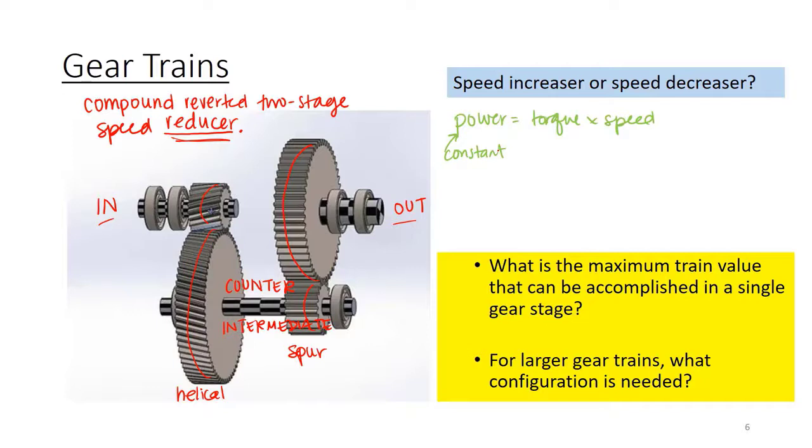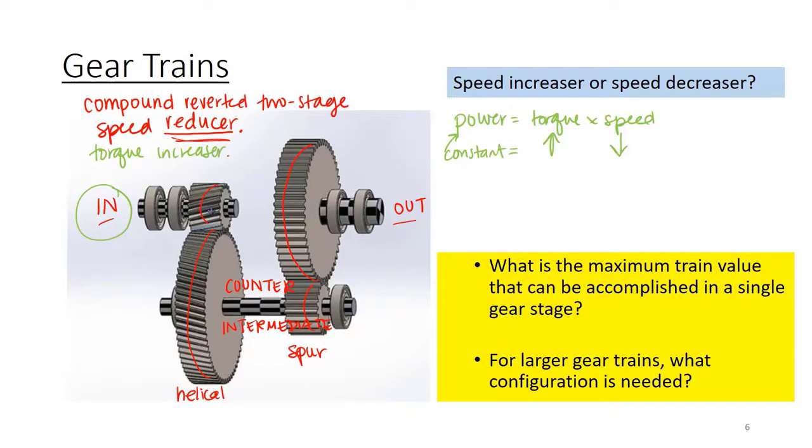We usually assume like 95% of power is transferred through. So if we have power essentially constant, torque and speed are going to vary. So in this situation here, with the left side as our input, the speed is slowing down, and hence the system is going to increase in torque, the torque output. So this is a speed reducer and a torque increaser.